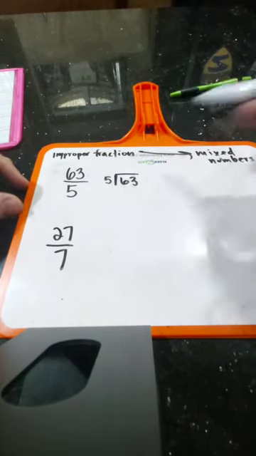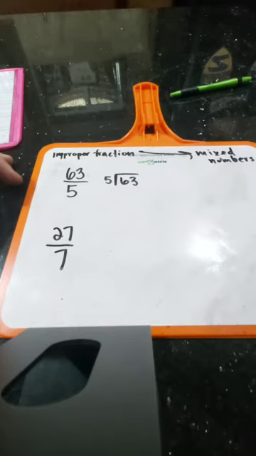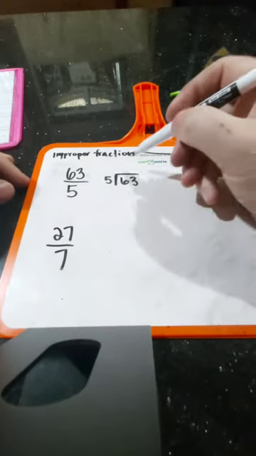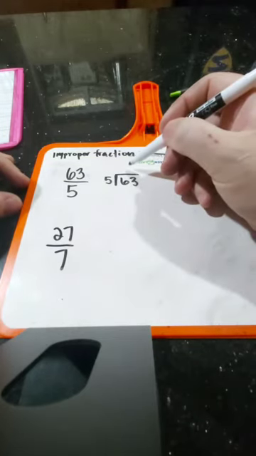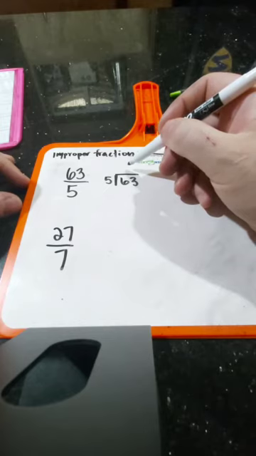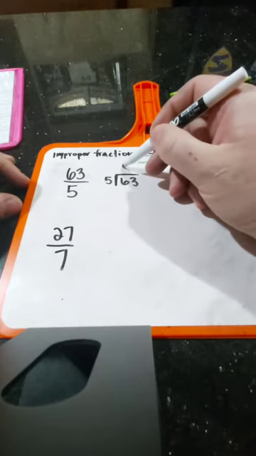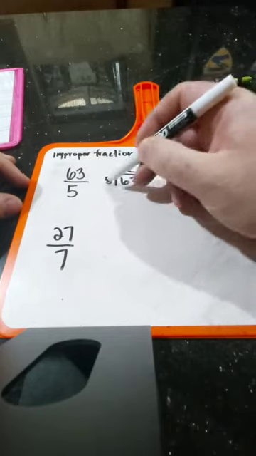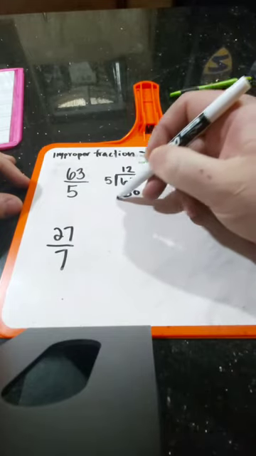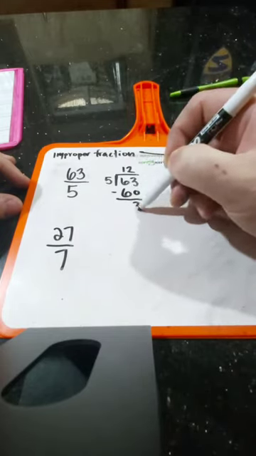5 into 63. 11 times would be 55, 12 would be 60. So 12 times 5 equals 60. We do our subtraction, we have 3 left over.